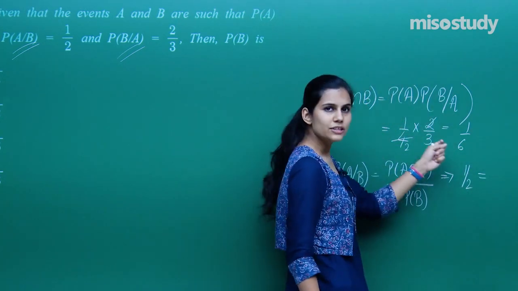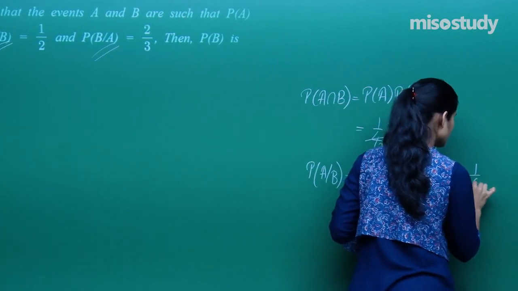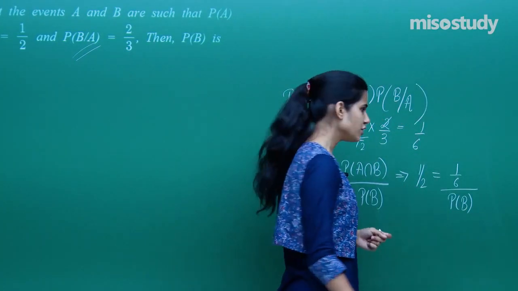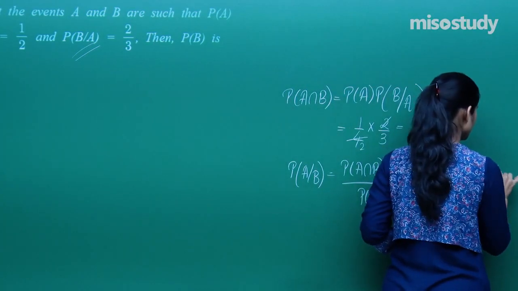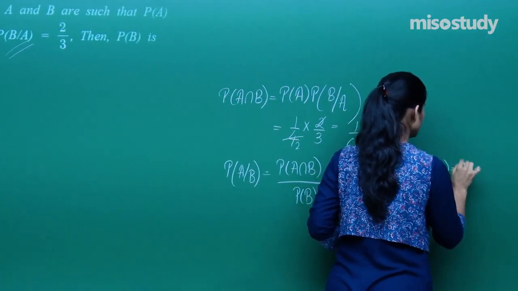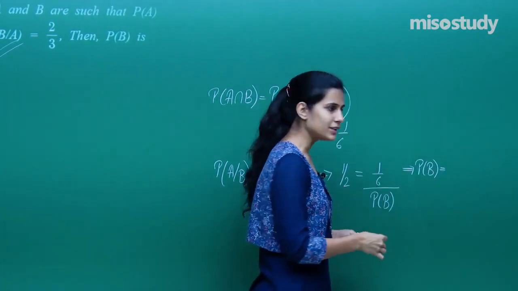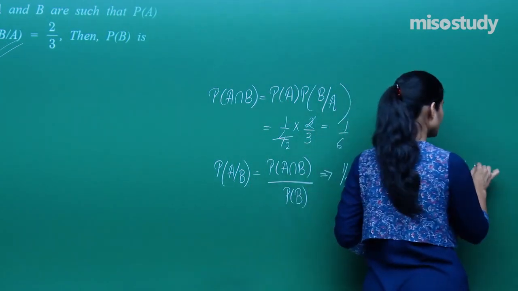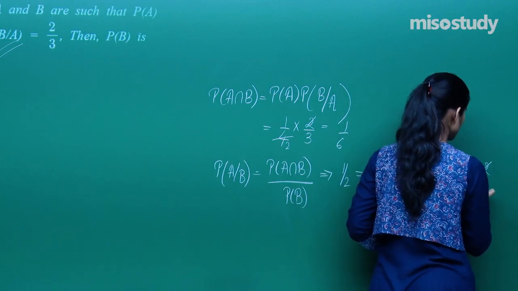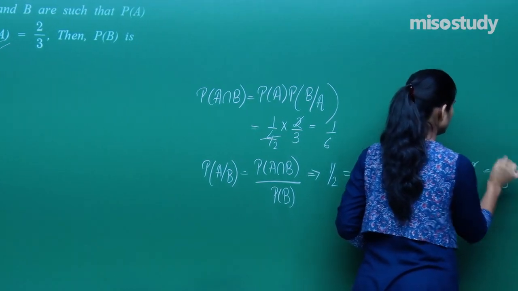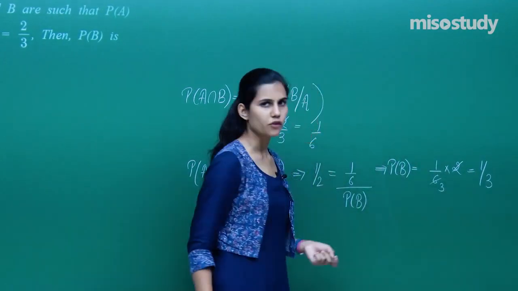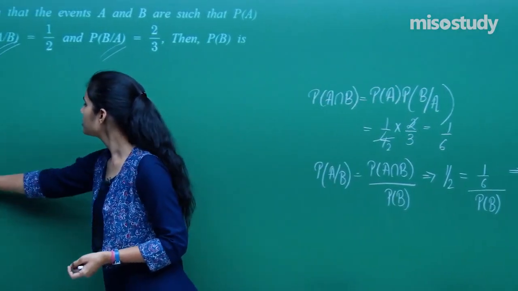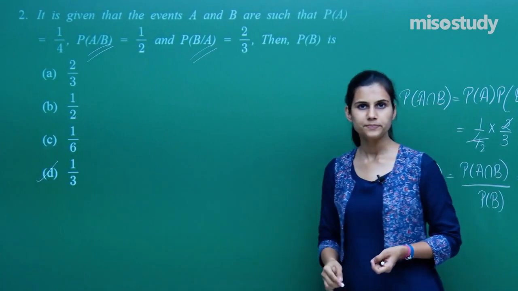Probability of A intersection B I just found to be 1 by 6, whole upon probability of B. So probability of B becomes what? 1 by 6 upon 1 by 2, that is 1 by 6 divided by 1 by 2, or multiplied by 2. And you get 1 by 3 as probability of event B. Okay. So probability of event B is 1 by 3.